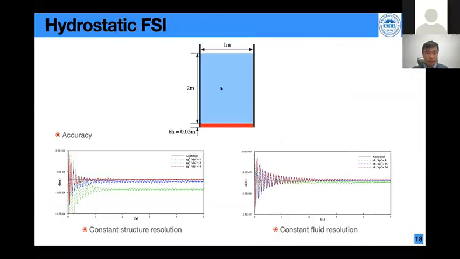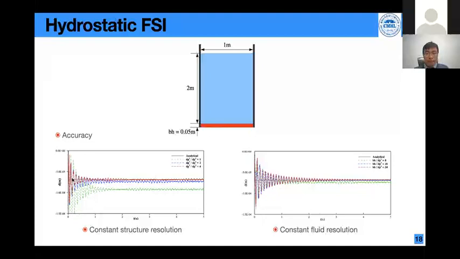Here, this is hydrostatic water, and we have an elastic structure at the bottom, and the two ends are fixed. Then, under the interaction with the hydrostatic fluid, the structure will be deformed. Here, we recorded the time history of the middle point of the structure. In this figure, we have shown the constant structure resolution, meanwhile varying the resolution of the fluid.